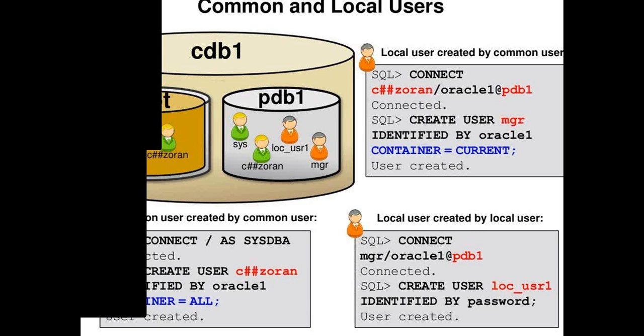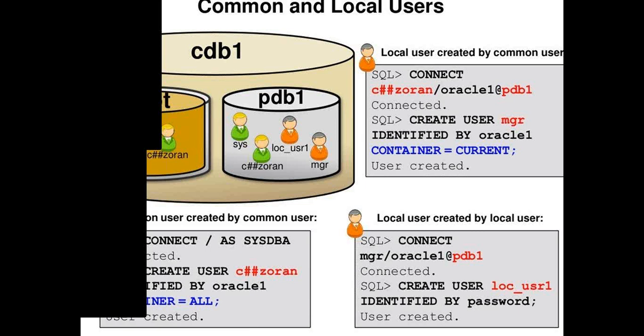Now we have created this user mgr inside pluggable database 1. Now we'll see how to connect with the help of this user mgr. You fire this command: connect mgr/oracle1@pdb1, which is the connection string for pluggable database 1.